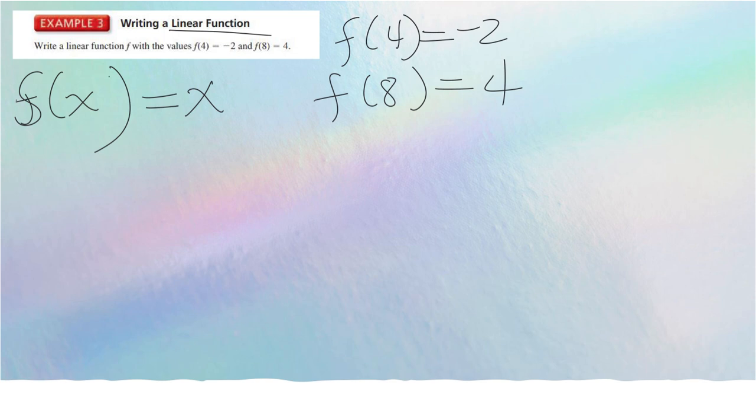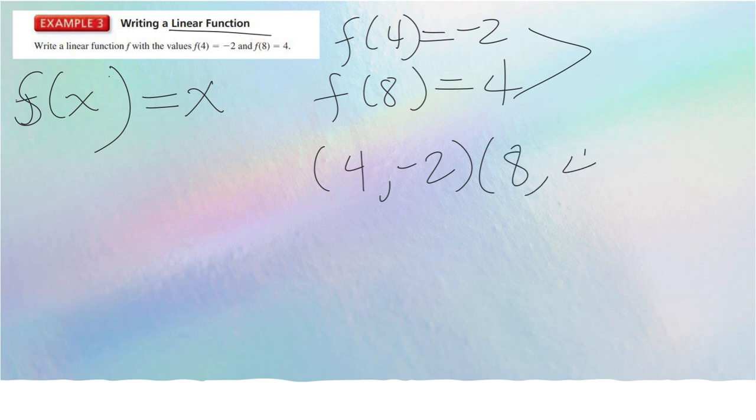The coefficient here represents my slope, correct? How do I find my slope here with these 2 functions? What are my points here? 4 and negative 2, and what else? 8 and 4, where this is x1 and y1, and x2 and y2.